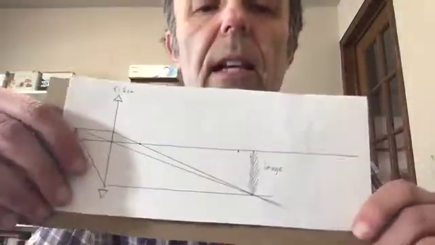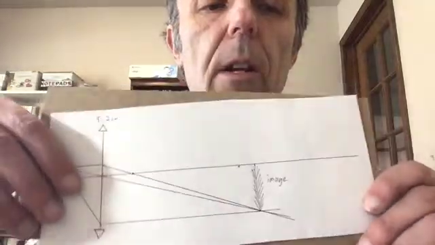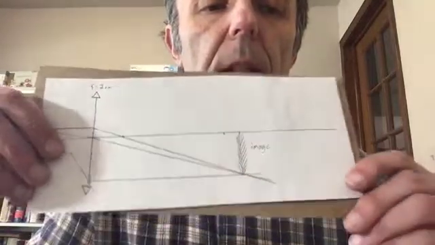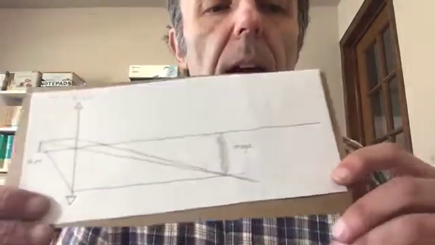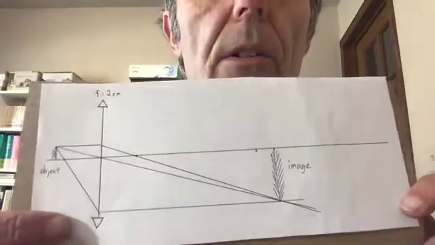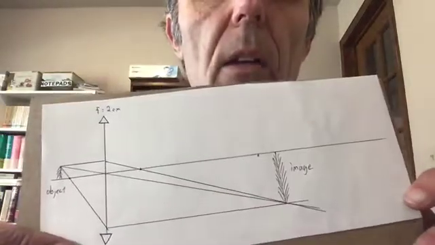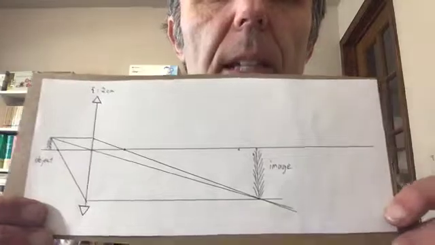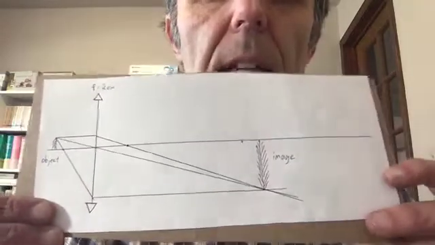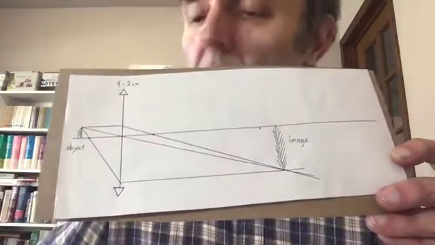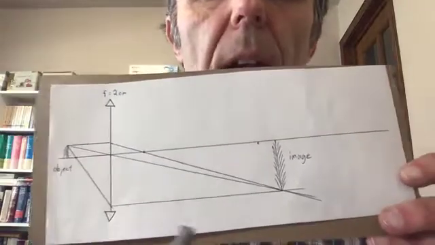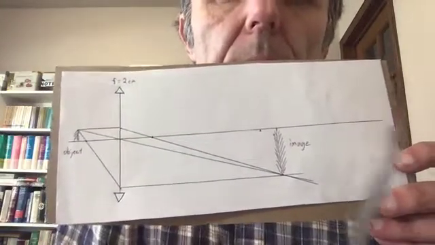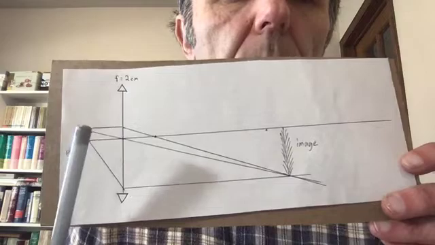So I've removed the second lens completely from my drawing, and I just have my object and the first lens with a focal length of 2. Let's first just analyze it using our rays. This is a good review of how to handle rays through a lens. We're going to start with our 3 rays.